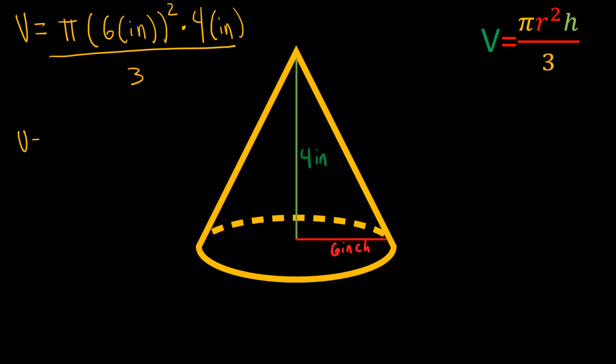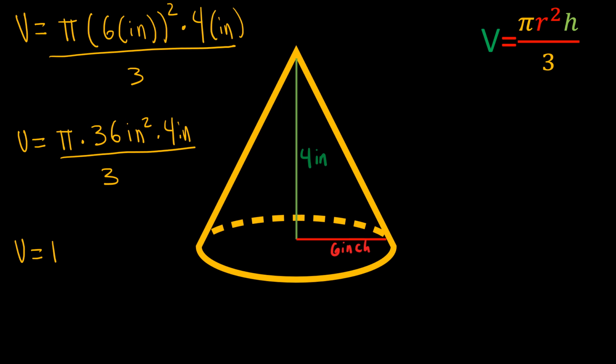So therefore, this would simplify to volume equals pi times 36 inches squared times 4 inches, divided by 3.